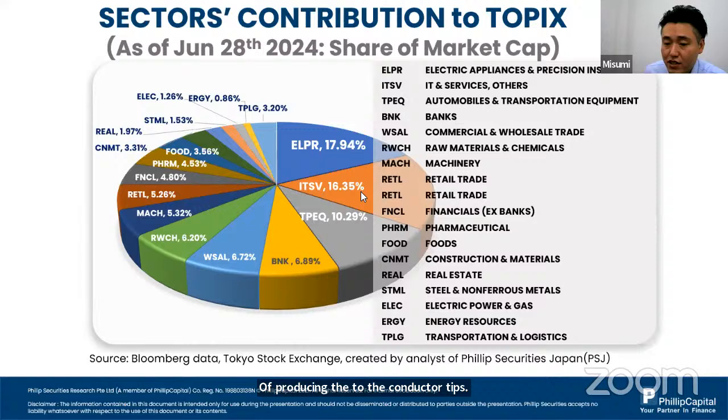IT and services and others is also included, such as SoftBank and ARM. Automobile and transportation go third, and banks are surprisingly the fourth. They were not performing well in the last quarters, but it turned out to be the biggest, very performing.